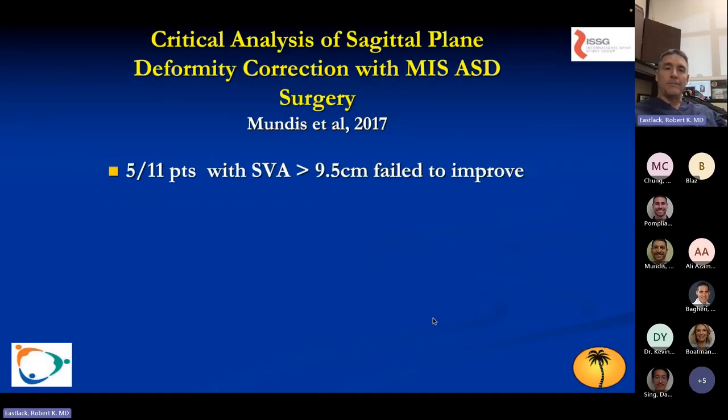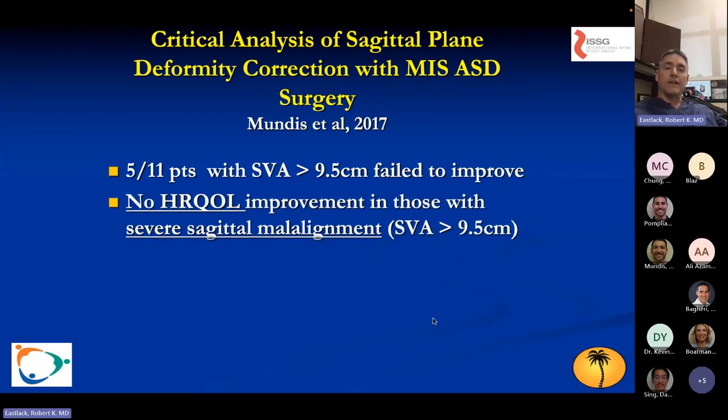Greg looked at the sagittal plane specifically, and the more significantly deformed patients definitely struggled to achieve the improvements in PROMs and radiographic realignment.